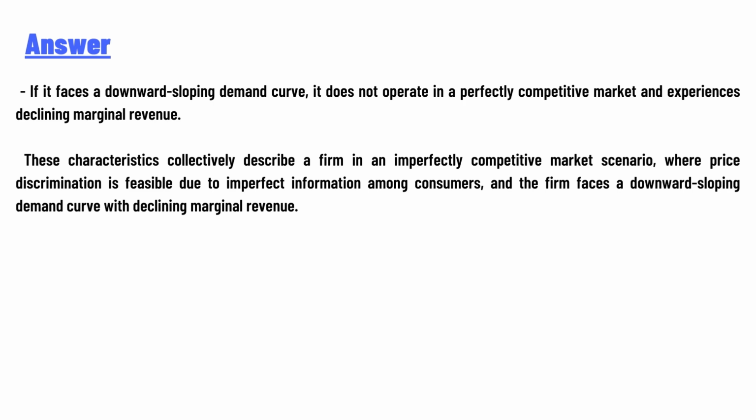These characteristics collectively describe a firm in an imperfectly competitive market scenario where price discrimination is feasible due to imperfect information among consumers, and the firm faces a downward sloping demand curve with declining marginal revenue.